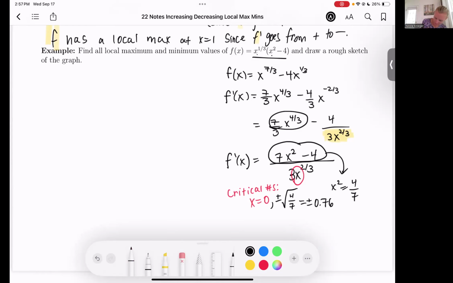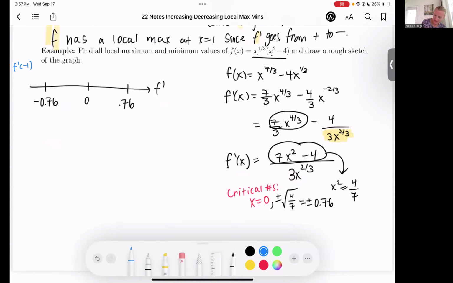Okay, so this is where we'll make our sign chart for the derivative. So I'm going to include -0.76, 0, positive 0.76. Okay, and now I need to pick numbers to plug into my derivative. So let's see. Something smaller than -0.76 would be like -1. So f prime of -1.